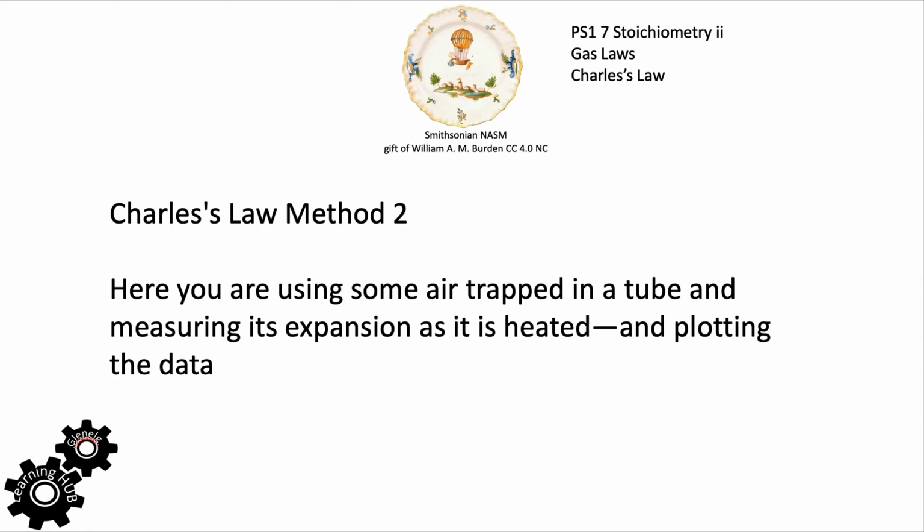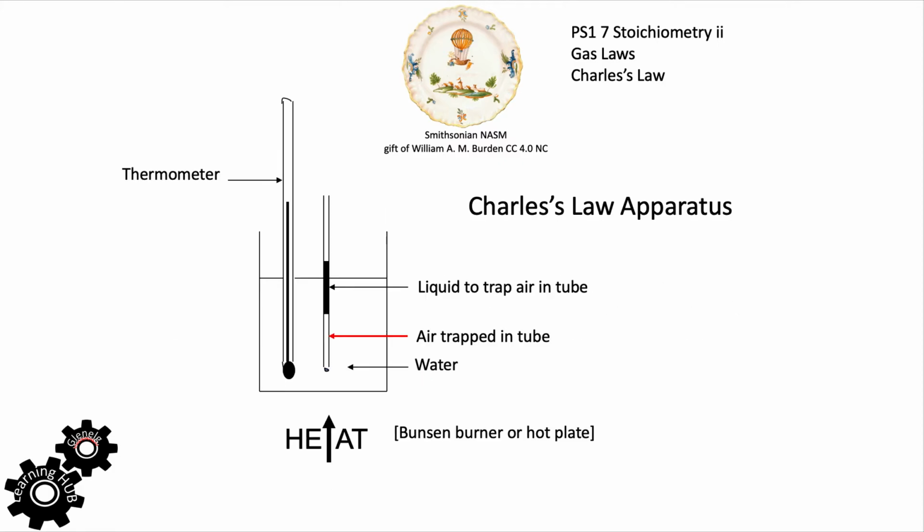So there's another way to get to Charles' law, and here we're going to use some air trapped in a tube and look at how essentially this big bubble of trapped gas changes when it's heated. And here's the apparatus.